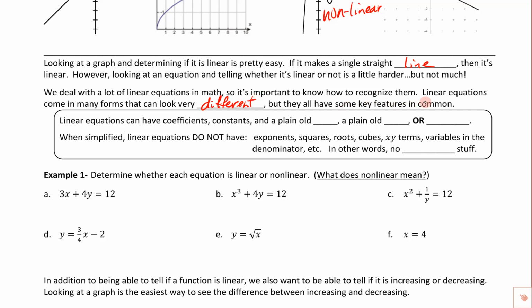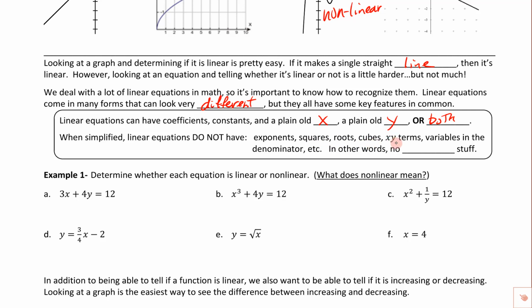So here's what we can say about linear equations. Linear equations can have coefficients, so they can have numbers in front of the variables. They can have constants, and they can have a plain old x, a plain old y, or both. But they don't have anything like this once we've simplified them. They don't have any exponents. They don't have any squares or square roots or cubes or cube roots or anything like that.